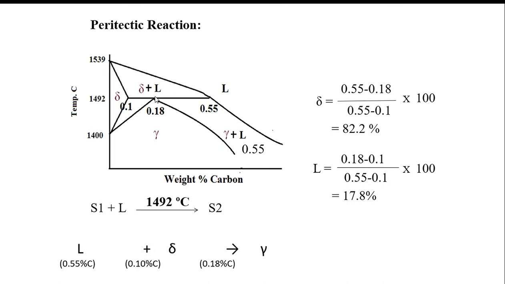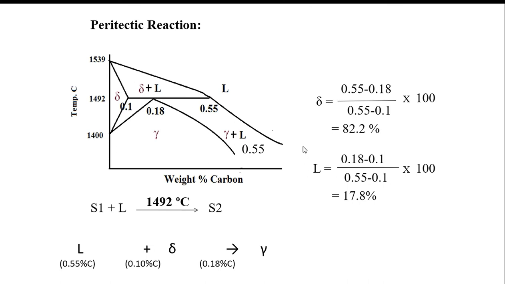If you want to find out this amount, you can use the lever rule. 0.55 minus 0.18, this means this length, divided by 0.55 minus 0.1, the total, from the total this amount, multiplied by 100. This amount is 82.2. So here you have delta up to 82.2.